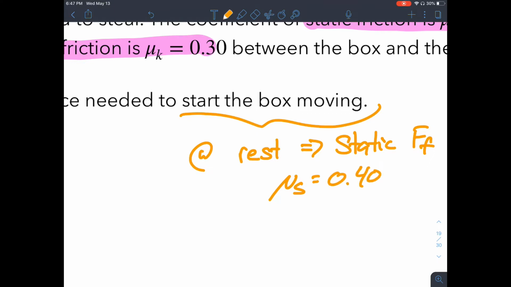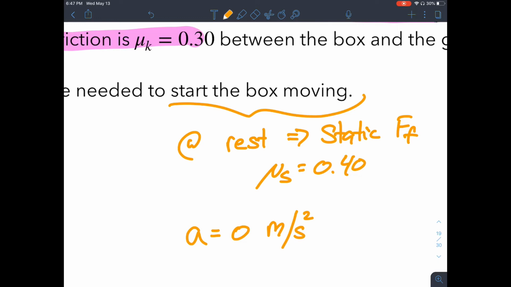If we want it to start moving, the condition that we are going to look at is right the second that it overcomes this friction. So we are going to look at the condition when our acceleration is equal to 0, because that is going to give us when it's still not moving.